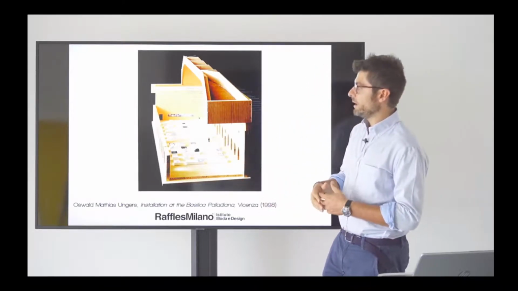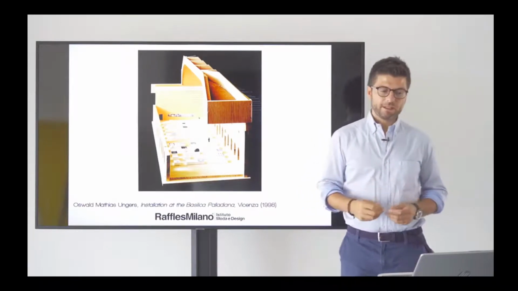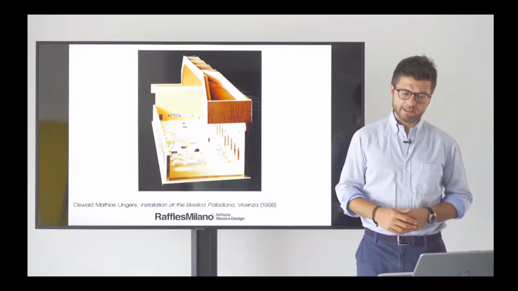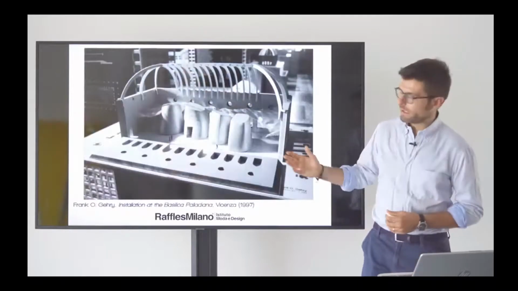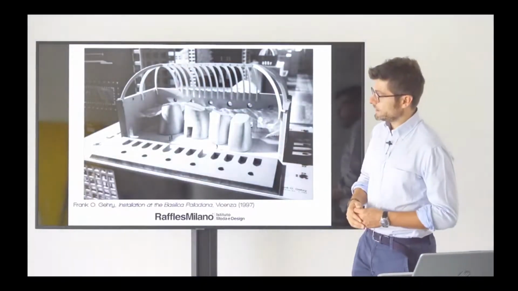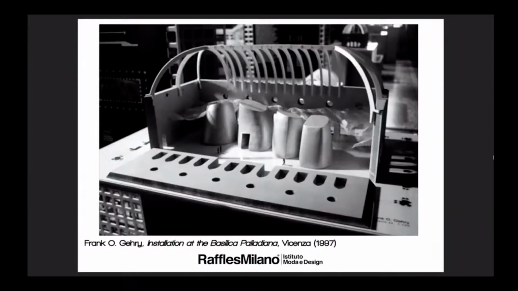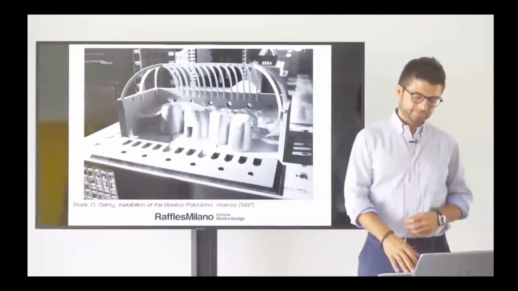This is used for understanding the space better, understanding the distances and the proportions in a space. Also, Frangeri, in the project that we didn't see before, used a model for expressing his ideas in a clear way. Here is the interior that he designed, but at a smaller scale.